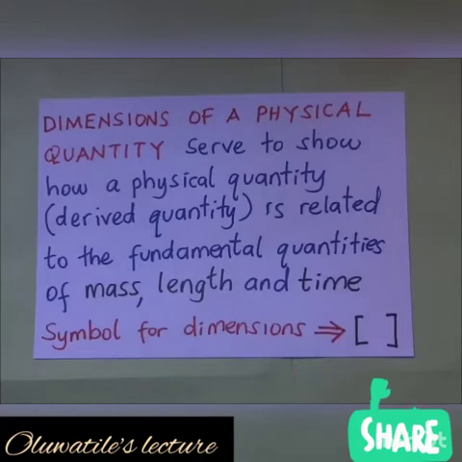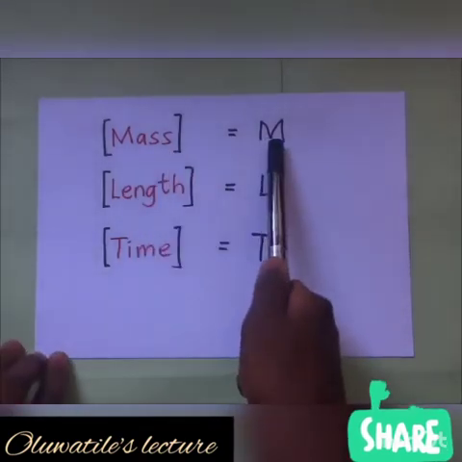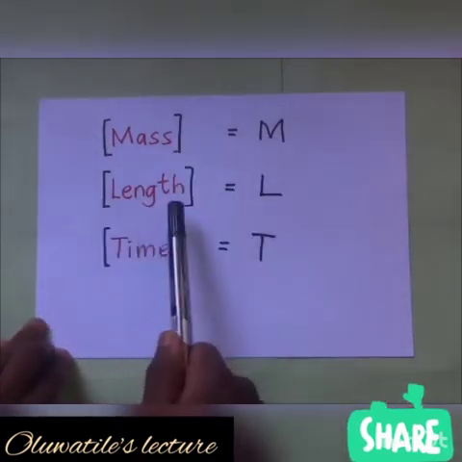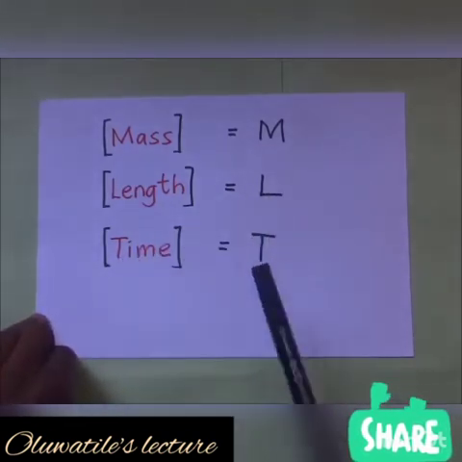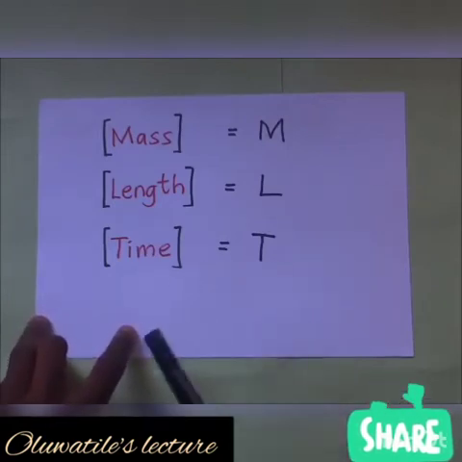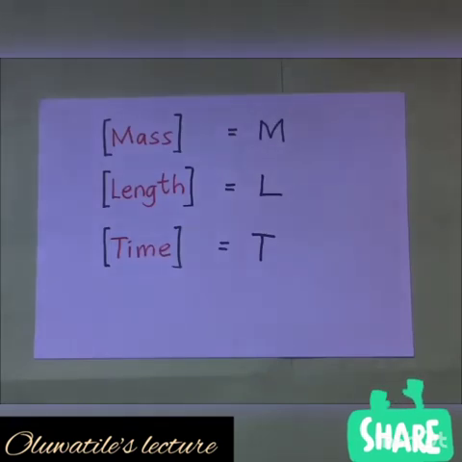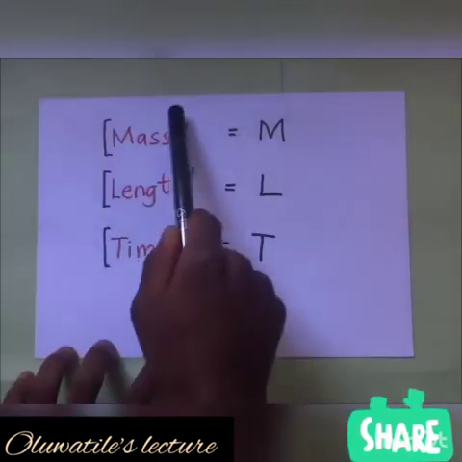Now, when we are talking about dimensions, this is the symbol for dimensions. The dimensions of mass, length, and time are represented like this: the dimension for mass is capital M, the dimension for length is capital L, and the dimension for time is capital T. Likewise, as we shall be exploring, when looking for the dimensions of acceleration, or the dimensions of velocity, we write the word velocity and put these brackets outside.